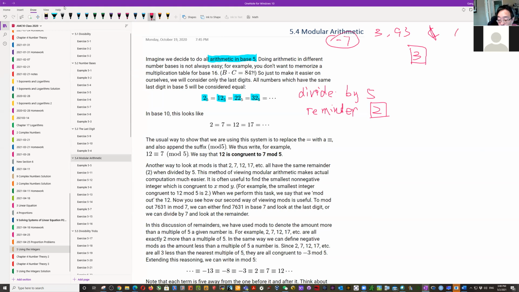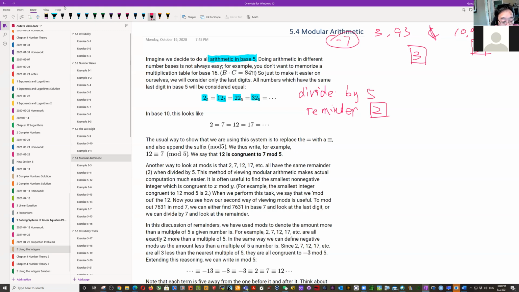And like 10,003. So all these numbers have some common property, that dividing by 10, the remainder is still 3. And for this, divide by 5, remainder 3.